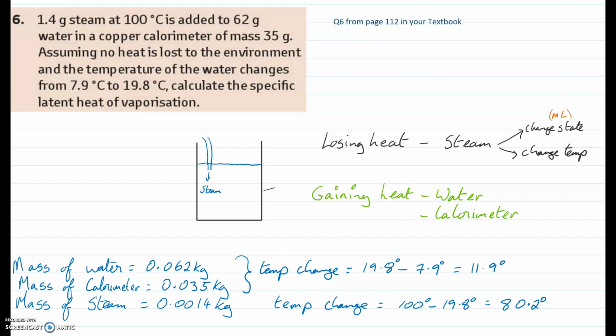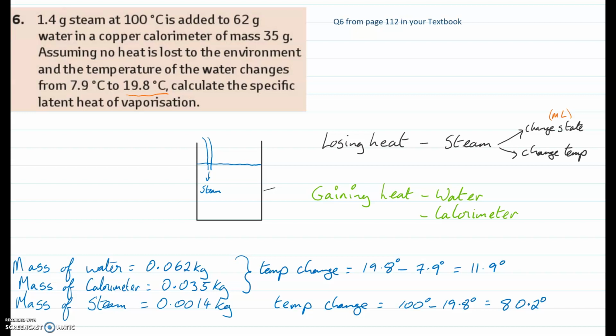And then when it gets to water at 100 degrees, it then obviously is in contact with water that is at a lower temperature around it. So it's going to continue giving heat energy out to the water and the calorimeter, and it's going to change temperature. And it will come to the final temperature, which they tell you in here. And they're also saying that no heat is lost to the environment.